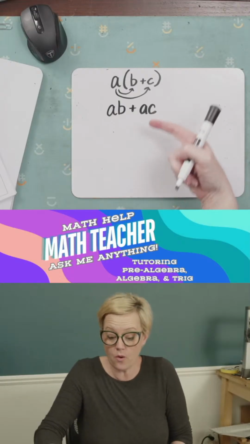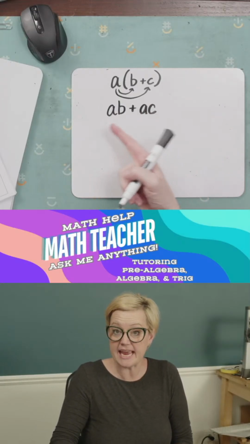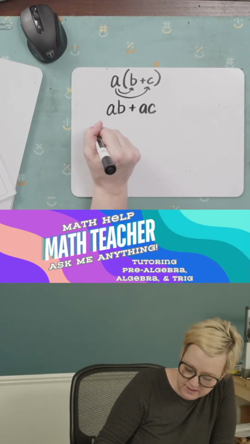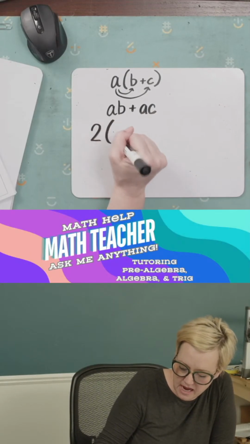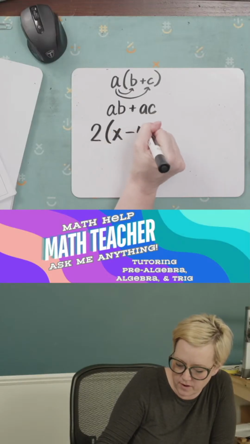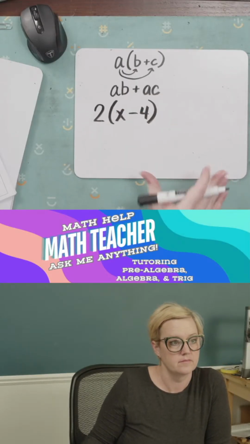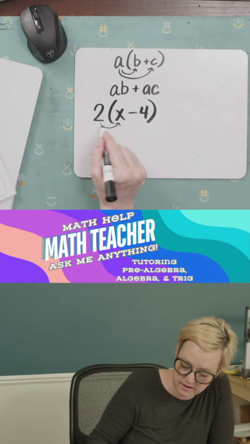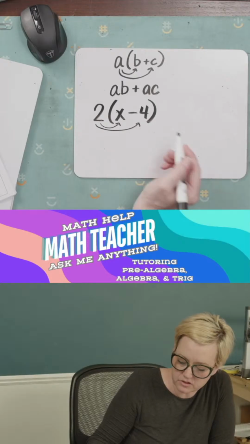And then going backwards by taking out that A from both of them, that's factoring again. So if I have something like 2 times x minus 4, I do 2 times x and 2 times negative 4.